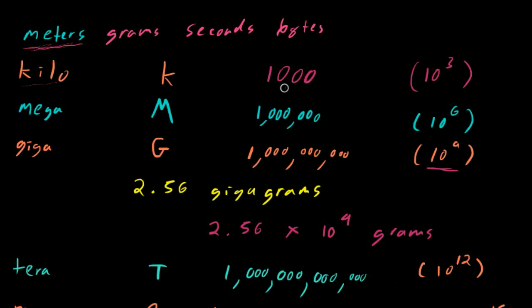A kilobyte is actually, I think, 1,024 bytes, so you wouldn't exactly have 1,000 bytes in a kilobyte, and maybe we'll go into why in a future playlist. But if we have a kilometer, that means we have exactly 1,000 meters in a kilometer.